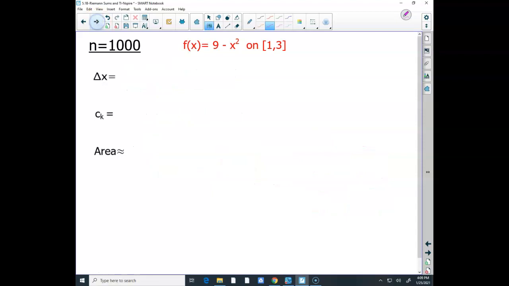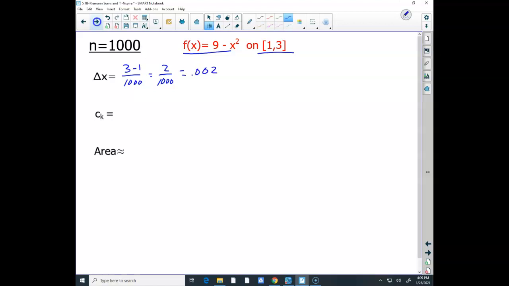Then guess what we're going to do? You guessed it. We're going to do it with 1,000 rectangles. Same function, same interval. Now, what we should be noticing is our estimate's getting better and better. 3 minus 1 over 1,000. That's 2 over 1,000. That gives me 0.002, right? Well, what is my c sub k?